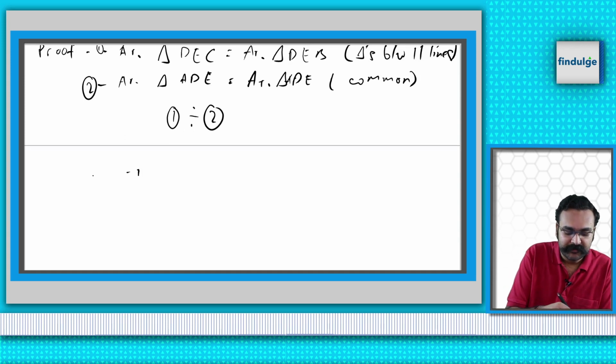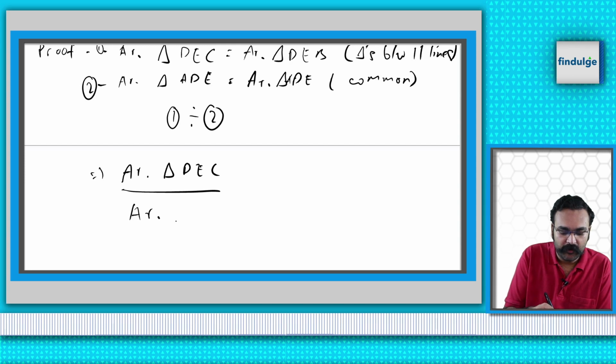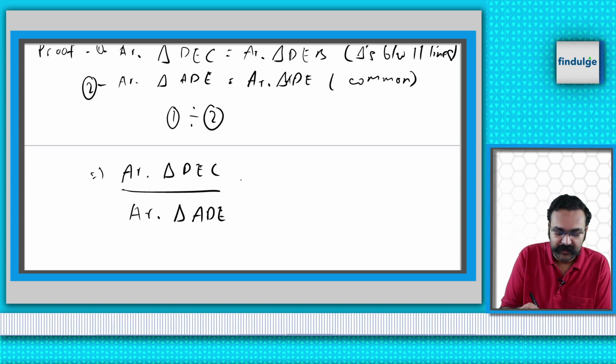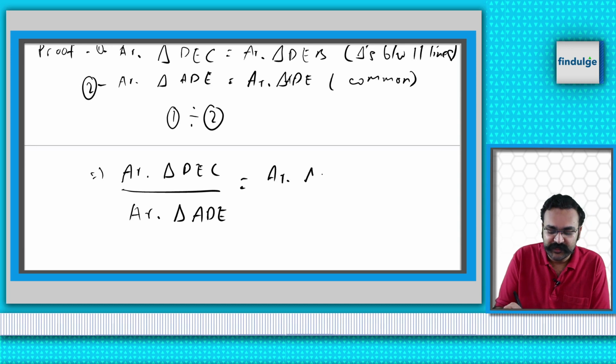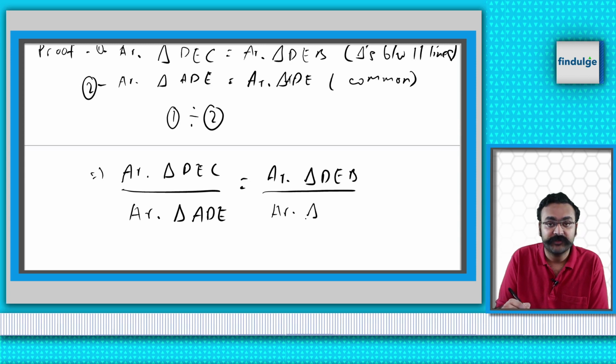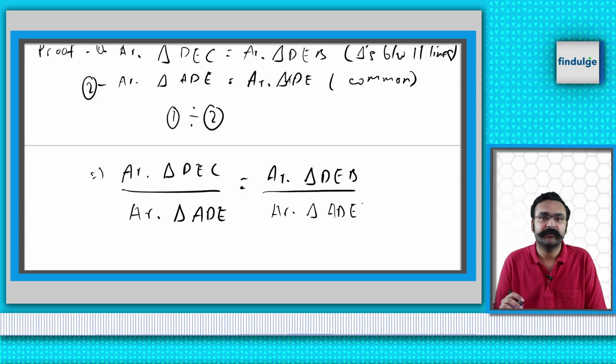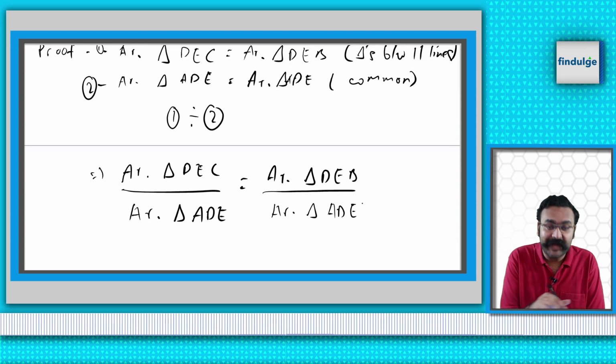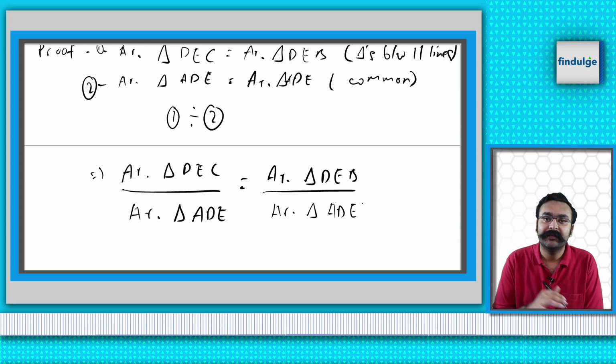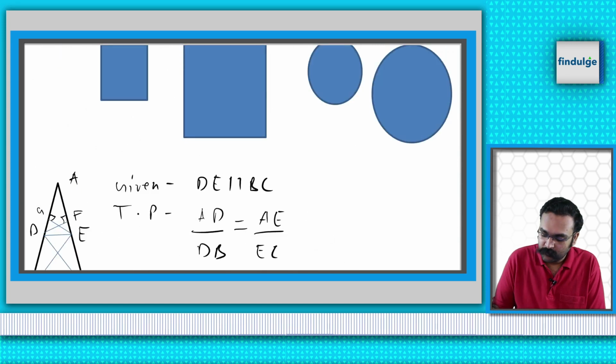It means that the area of triangle DEC divided by the area of triangle ADE is equal to the area of triangle DEB divided by the area of triangle ADE. Why are we doing this? Because it will become clear when we actually write out using half base into height the areas of these four triangles.